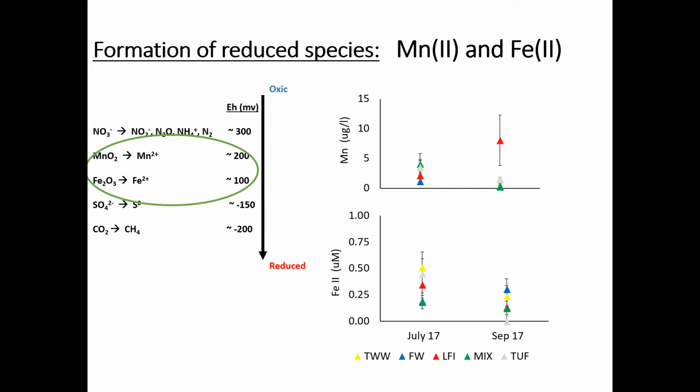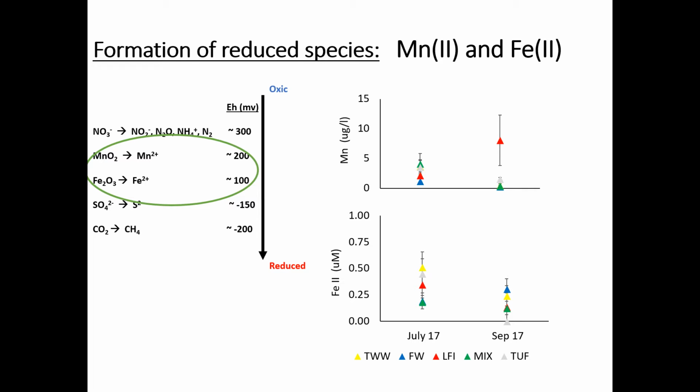A quick recap on redox and what it does in a chemical system. Once we have a depletion of oxygen, we start having reduced species. We have a lack of oxygen, we get reduced species.